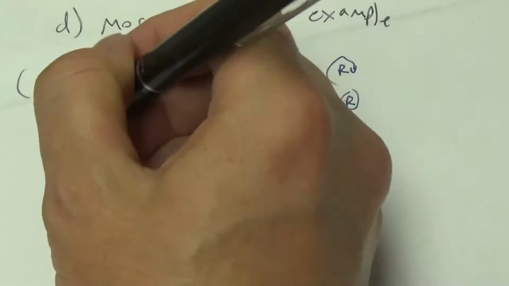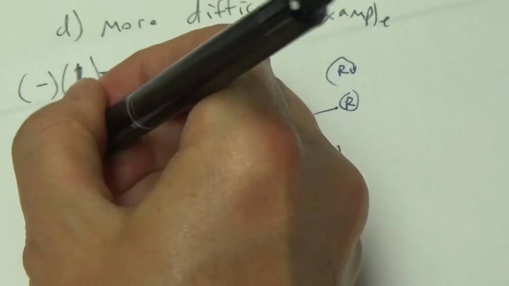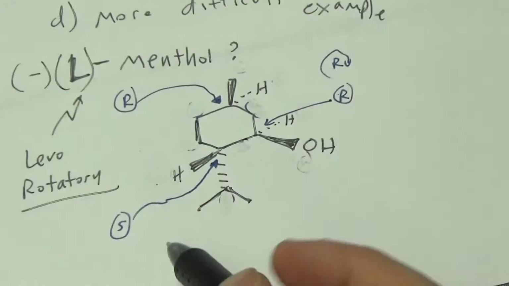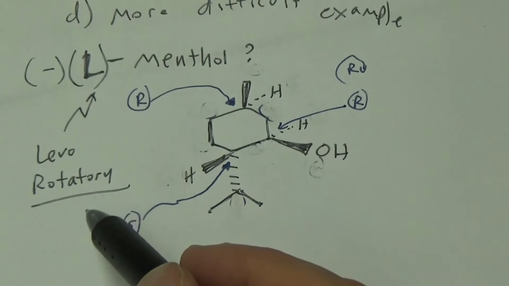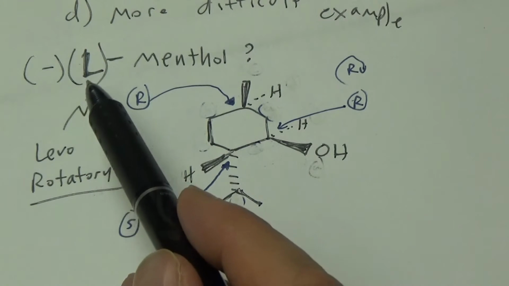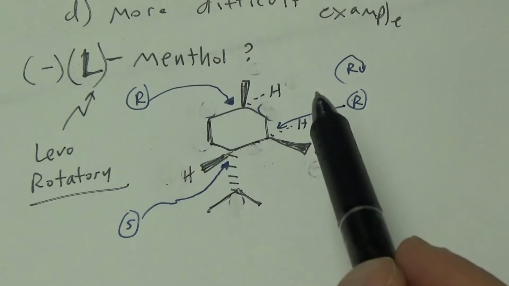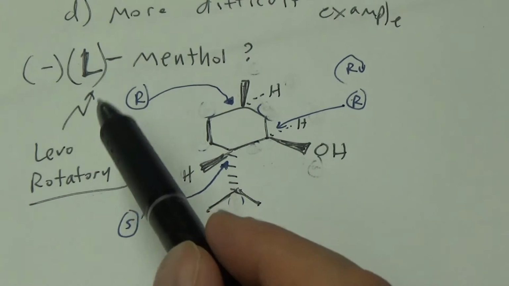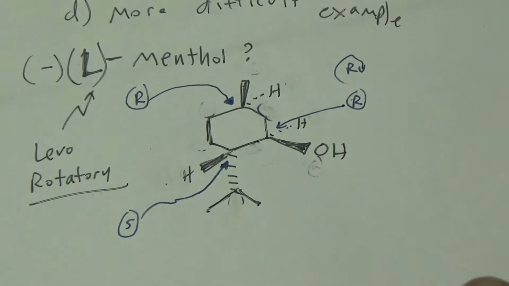That's what the L means. It's just that optical property of optical rotation. You can't interpret L and be like, oh, well, L means RRS. No. RRS is a structural property. L and minus are an optical property.